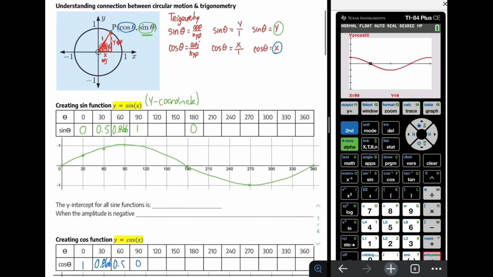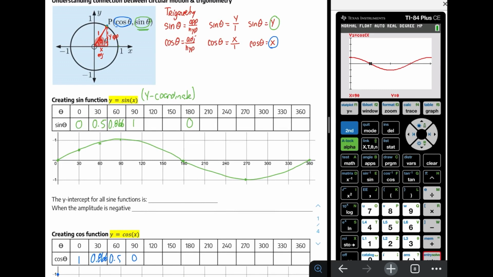Now, why is this? Remember, we are focusing on the x-coordinate. So when we start at an angle of 0, our x-coordinate is in fact 1. When we continue and we rotate around the circle, let's say we rotate 90 degrees up here, this coordinate is now 0, 1. So that's why the x-coordinate is equal to 0.